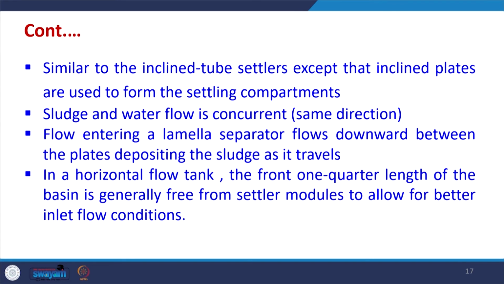So, the sludge and water both move in the same direction. Now, in a horizontal flow tank, the front 1/4 length of the basin is generally free from settler modules to allow for better inlet flow conditions. So, we have to take care of this important criterion while designing the lamella or plate settler.